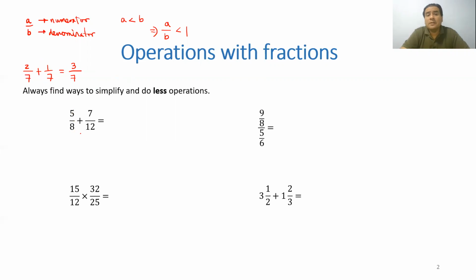Fractions with different denominators, we need to operate as follows. Okay, first, we need to find the LCM, the least common multiple of 8 and 12.